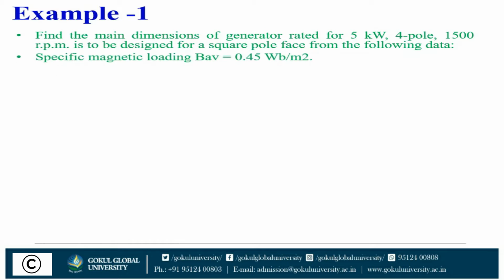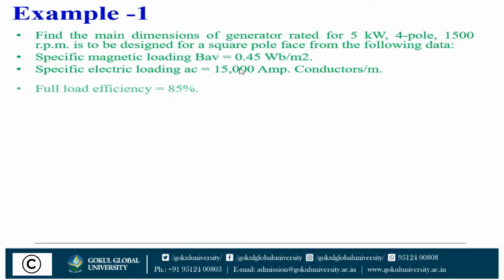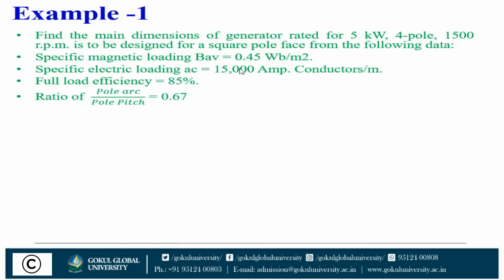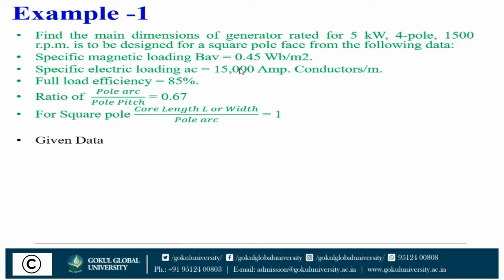First, specific magnetic loading BAV is equal to 0.45 Weber per meter square. Second, specific electric loading AC is equal to 15,000 ampere turns per meter. Full load efficiency is equal to 85%. Ratio of pole arc by pole pitch is equal to 0.67 per square pole. Core length divided by 4R is equal to 1. Okay, so let's start to solve this example.